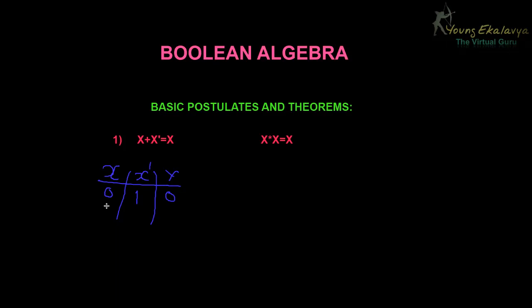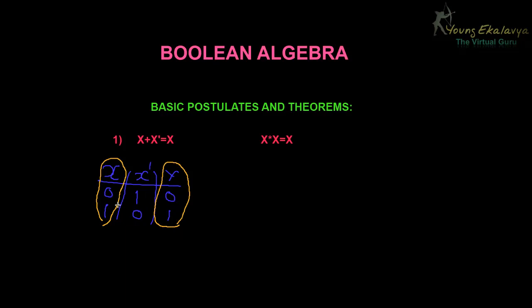Now we will take 1, and the complement of it is 0, and the output is 1. Here you can see x and the result y; both are identical.